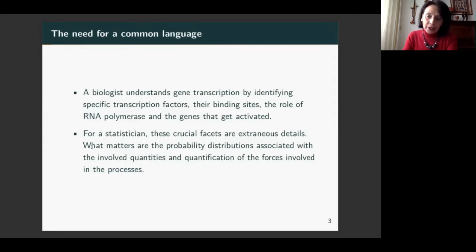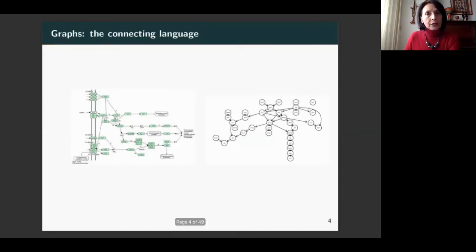And in my experience, this ground exists, and it is that of graphs, which are commonly used in biology to represent biological knowledge in the form of pathways, for example, in the left-hand side, but they are also used within the statistical community in the framework of graphical modeling to represent multidimensional problems and features of their joint distribution, which is that blanket that covers all variables describing their functioning.